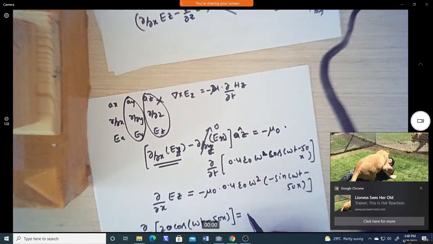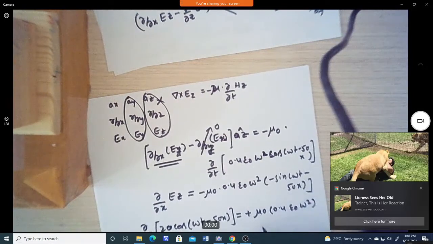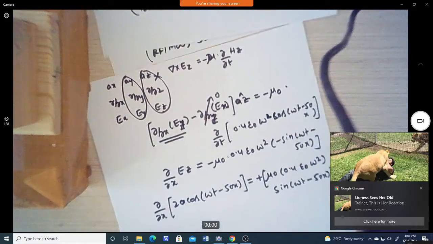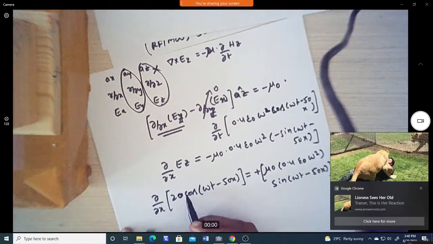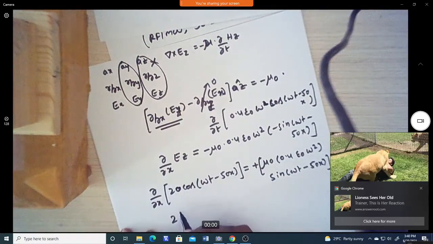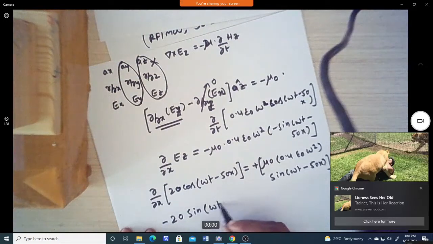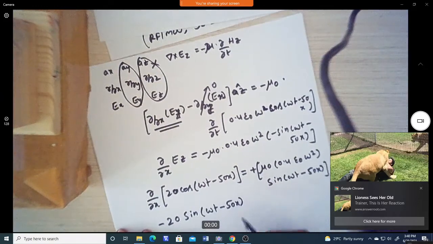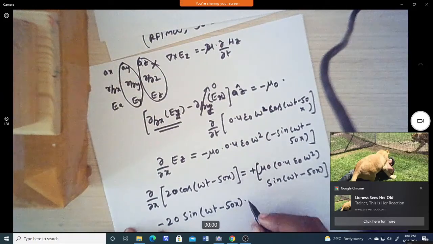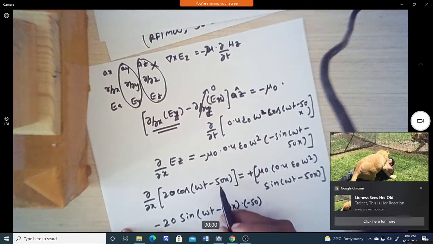Here you will get minus into minus plus mu naught into 0.4 epsilon naught omega square into sine of omega t minus 50x. So this is what you are going to get, and differentiation with respect to x we are going to get 20 into minus 20 sine of omega t minus 50x into the derivative of omega t minus 50x with respect to x.